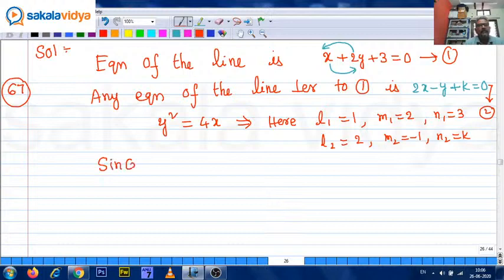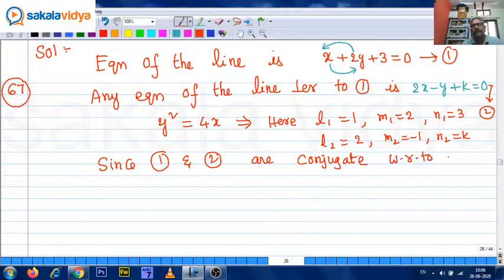Since 1 and 2 are conjugate with respect to y square equals 4x, we have the shortcut formula: L1 N2 plus L2 N1 equals 2a M1 M2.